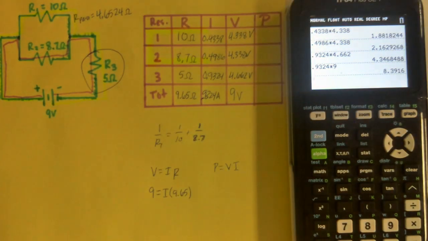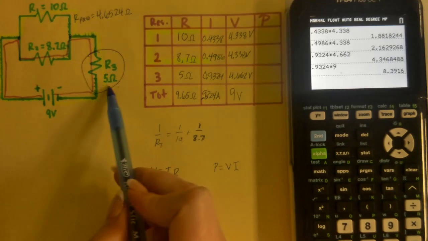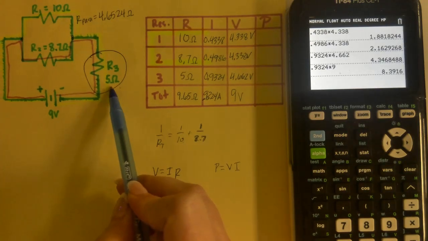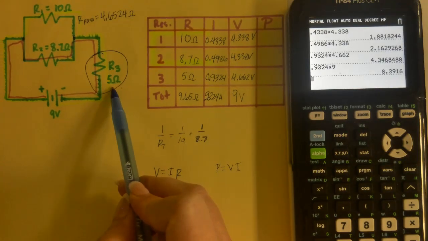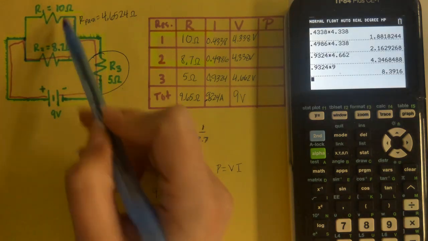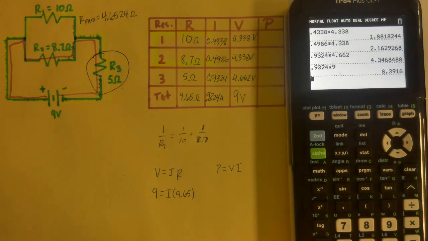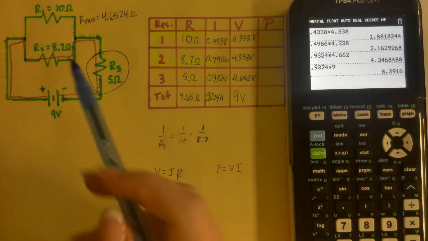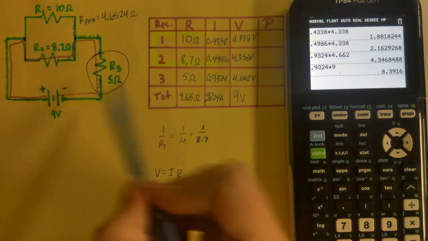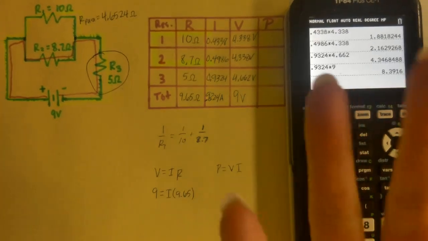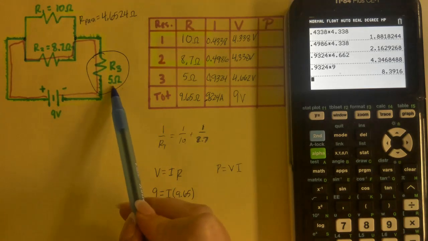The bulb that's in series is almost always brightest because it has the total current going through it, and it usually also has the greater voltage drop because when you add them in parallel, it does decrease their resistance. Now, if these numbers are super large or something, then you may end up with some weird scenario, but it is almost always this one. But you can always confirm that by solving for the power if you're not sure.